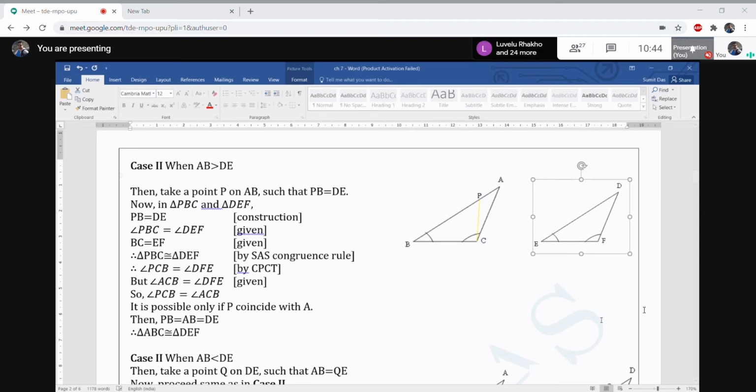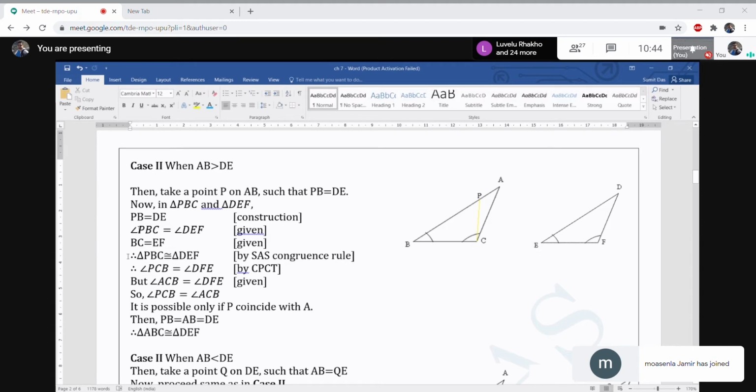So we can say triangle PBC and triangle DEF are congruent.